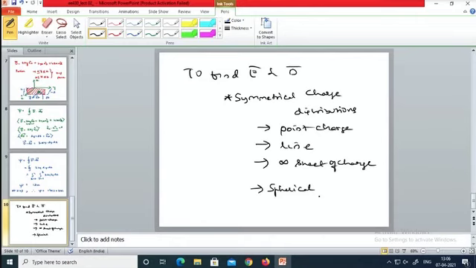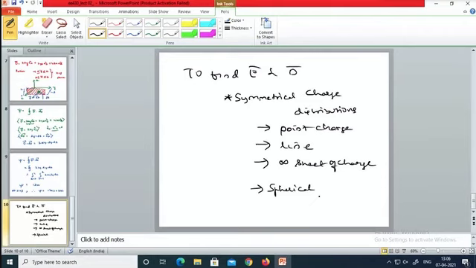The system is said to be symmetrical when the charge density is normal to the Gaussian surface everywhere. That means the flux density has to be normal to the surface of consideration.